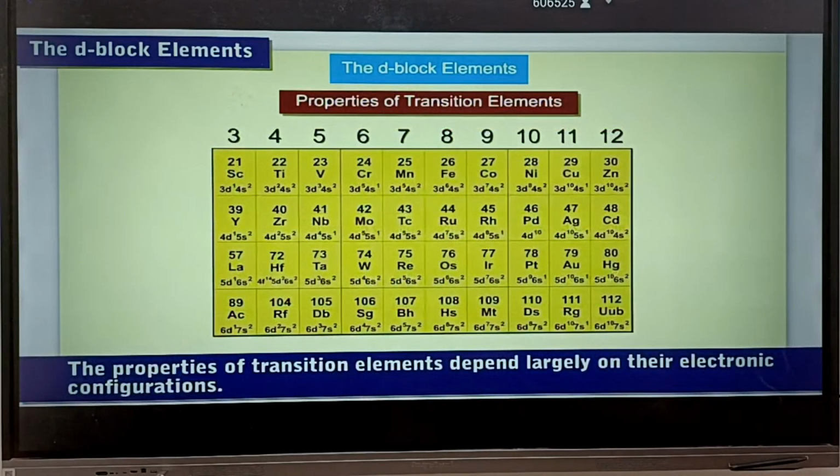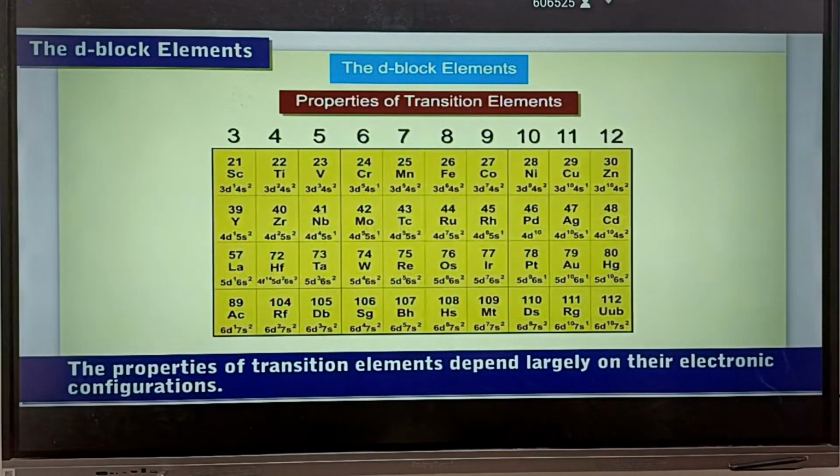The properties of transition elements depend largely on their electronic configurations.